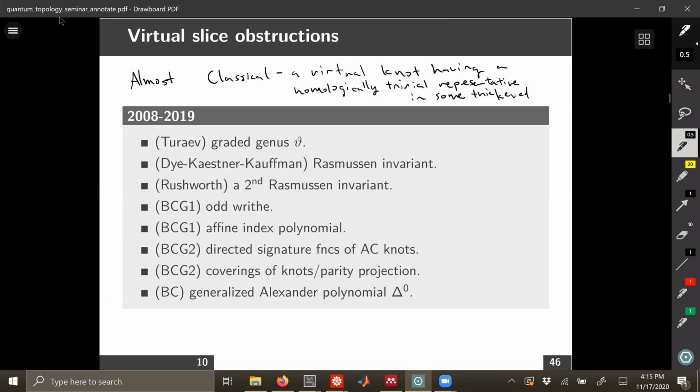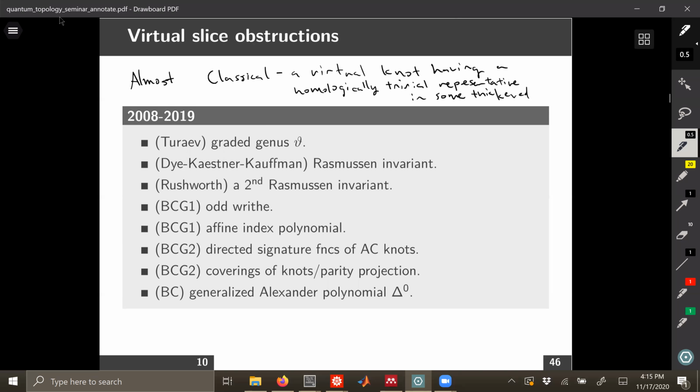They also provide bounds on the slice genus. In fact, they're very good bounds on the slice genus. So, up to 6 crossings, the slice status, at least whether or not any almost classical knot is slice, is completely determined already using the graded genus together with the directed signature functions.